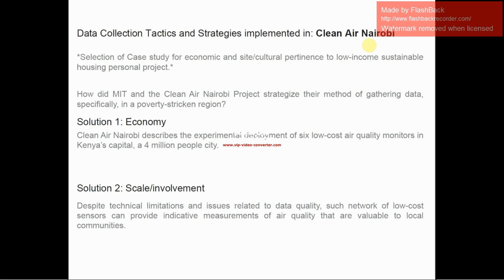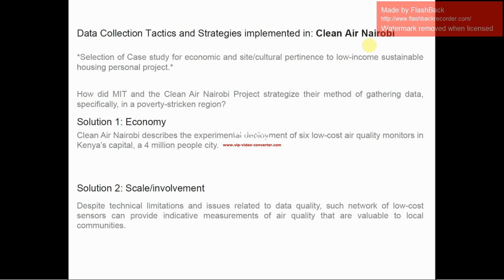And so one precedent project that we looked at too, the Clean Air Nairobi project, talked about how to gather reliable data and use information that's found in large masses of people.